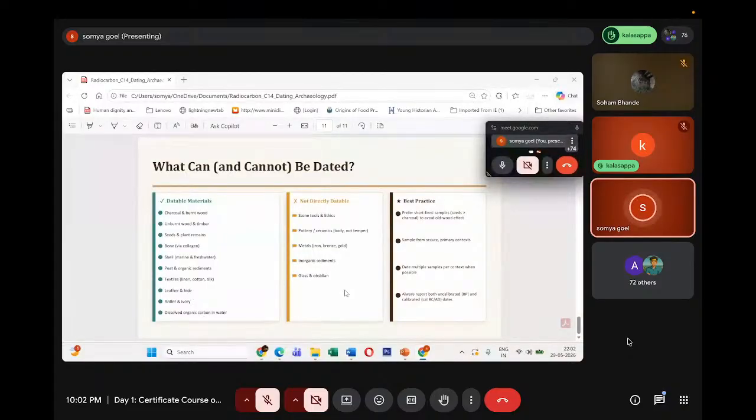BSIP Lucknow and PRL Ahmedabad, and also a lot of other Indian institutions, have TL and OSL facilities. I would recommend that if you're going for dating, you don't have to rely on only one dating method.